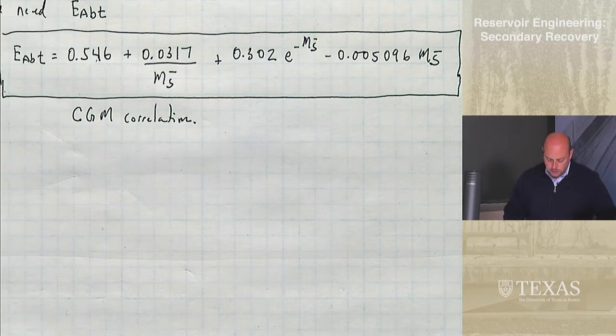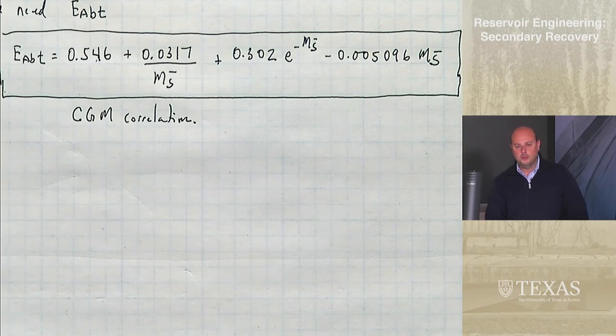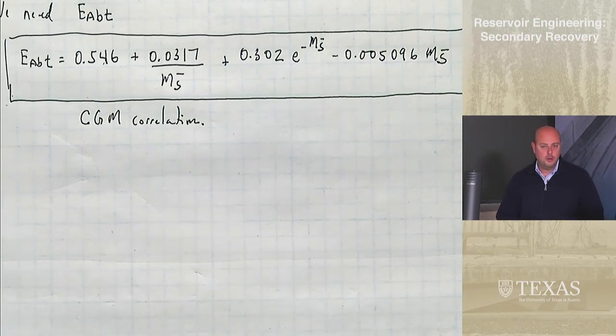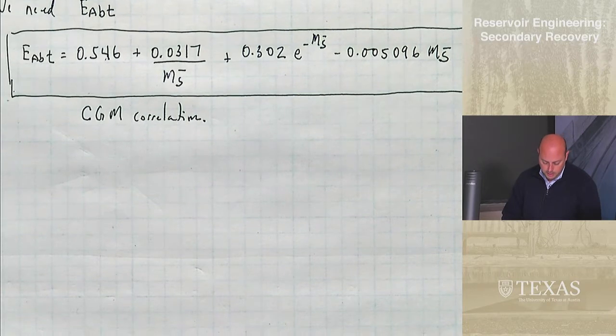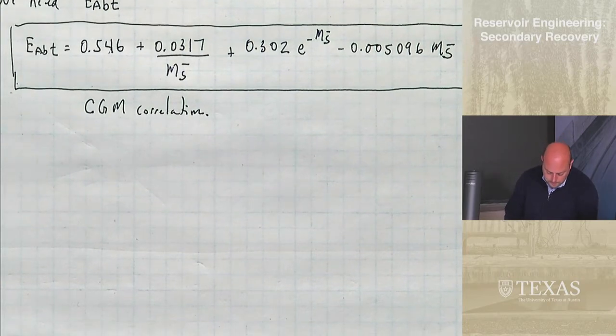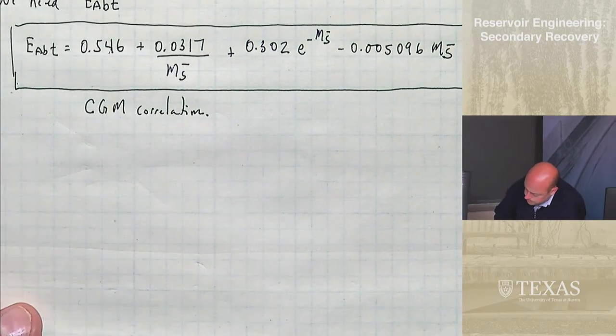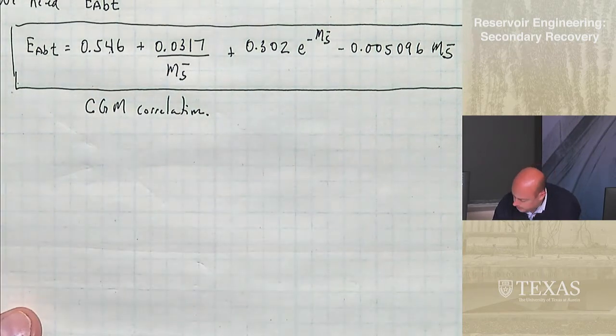If it's less than 0.2, then the areal sweep efficiency at breakthrough is basically 1 anyway. So if you get a value greater than 1, then maybe it's equal to 1 if you have a low mobility ratio, or you made some sort of error there. It should be between 0 and 1. So this is the areal sweep efficiency at breakthrough.